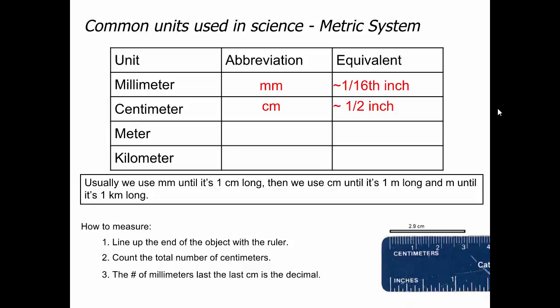A meter, abbreviated with a single m. How big is a meter? Isn't it about 3 feet? Yes, close to 3 feet. What kind of stick is this? It's a meter stick.